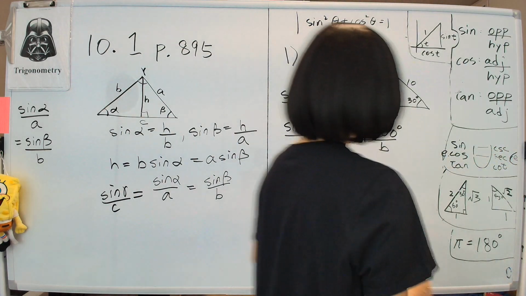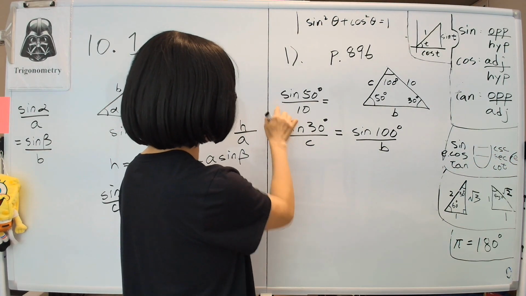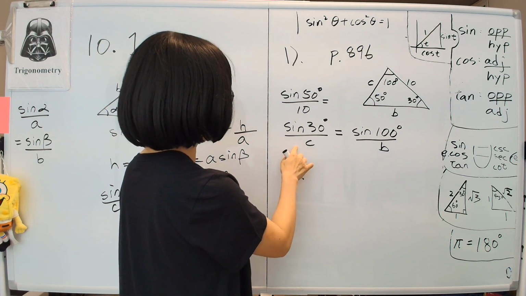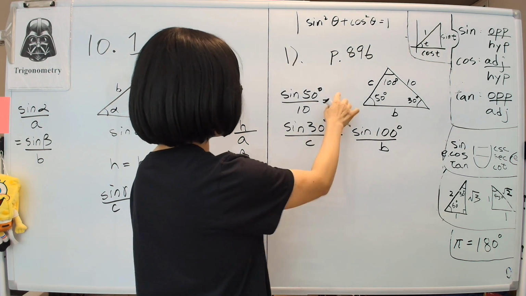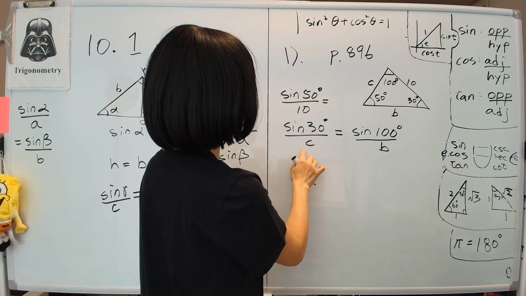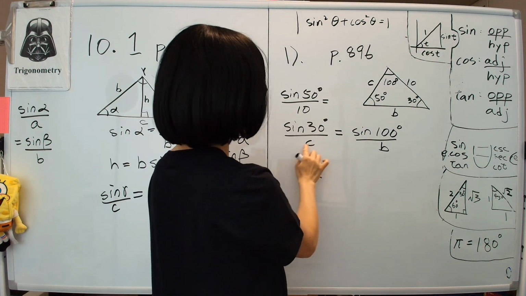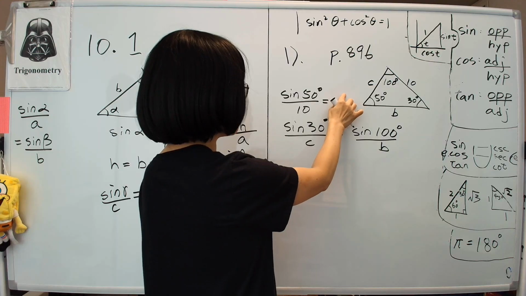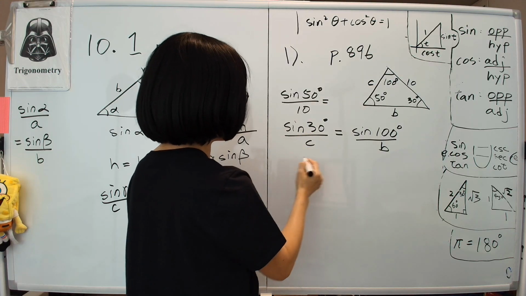Looking at these two equations, let's move C. I guess these are on two different lines, which makes it a little harder to see. C would be moved across the equal sign on top, and then divide by sine 30.